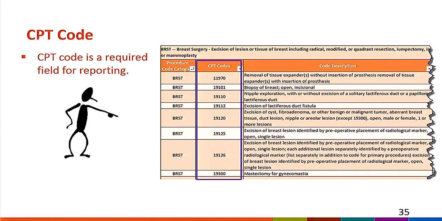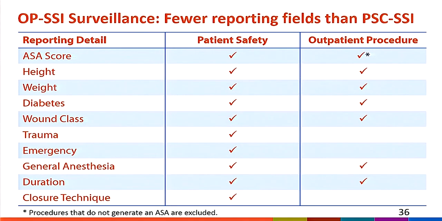An important aspect of the module is that the operative procedure code, the CPT code, is a required field within the application. And this is different than that of the patient safety SSI protocol, where entering the code is optional. Procedure details such as emergency, trauma, and wound closure are excluded.